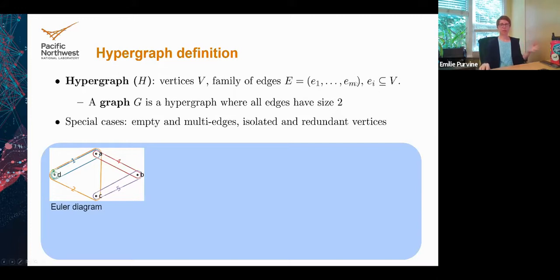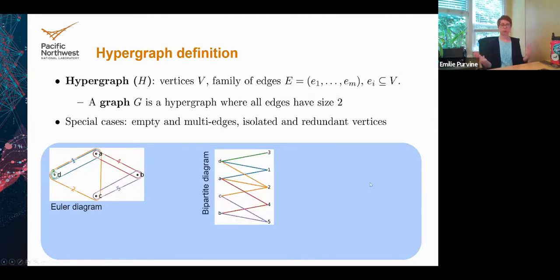So there are many different ways you can represent a hypergraph. There's the Euler diagram, where we put all the vertices down and then we circle the groups of vertices that correspond to hyperedges. You can look at a bipartite visualization of the hypergraph where all the vertices are on the left and all the edges are on the right, and you connect them in the obvious way.